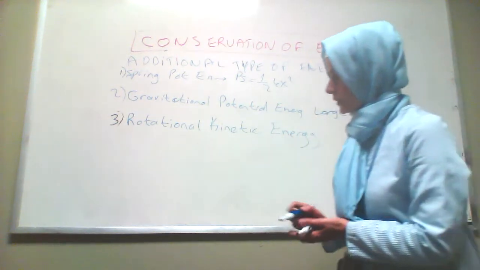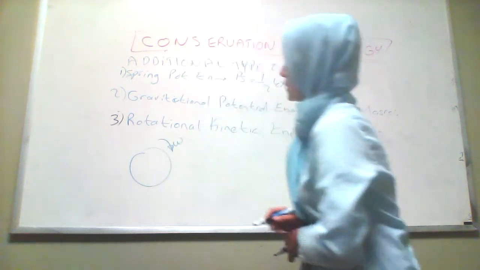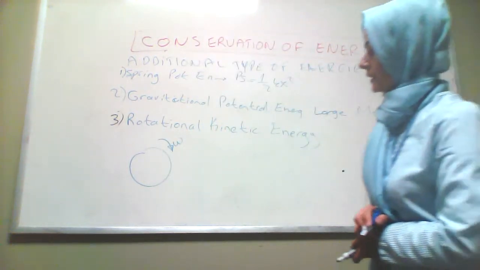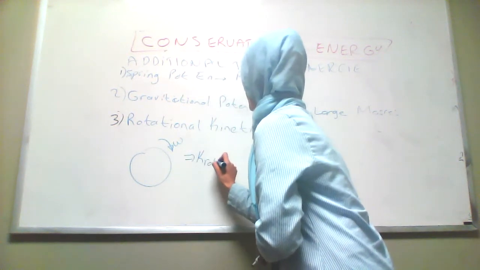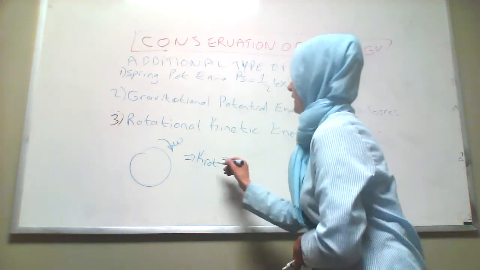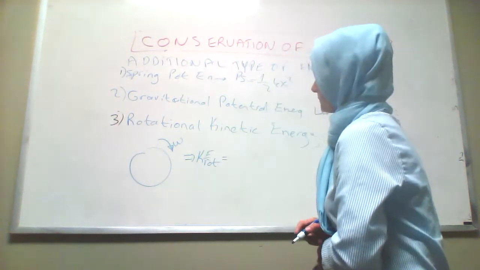And if there is a rotating object that has omega rotational angular velocity, its rotational kinetic energy, I'll call this K rot. It's equal to KE rot would be also good.